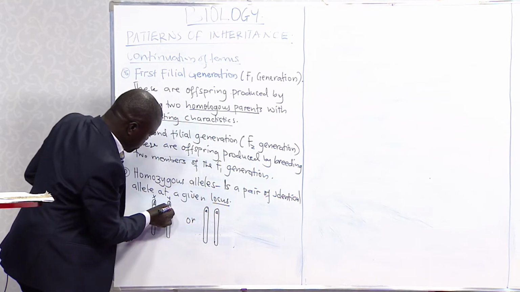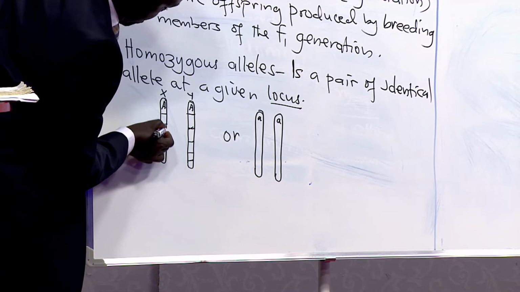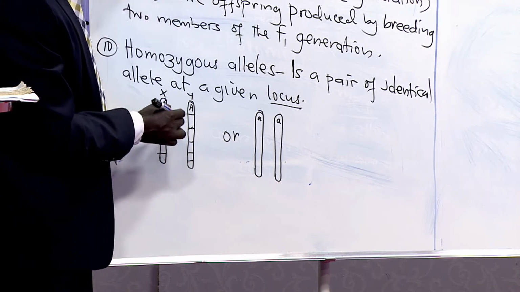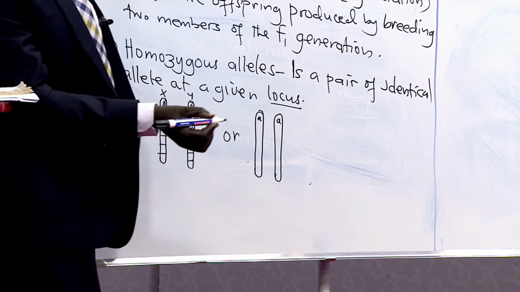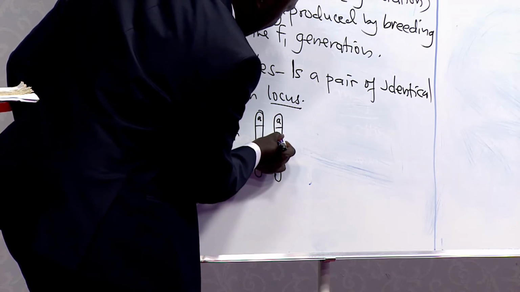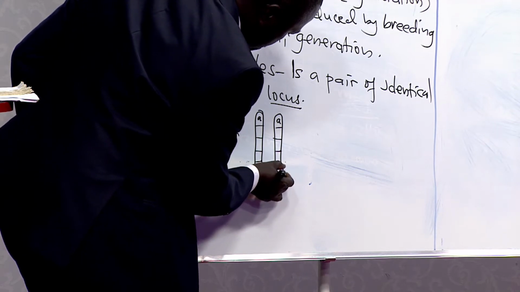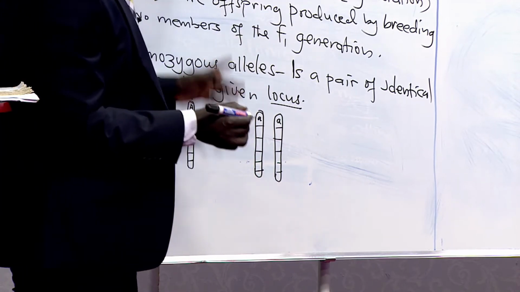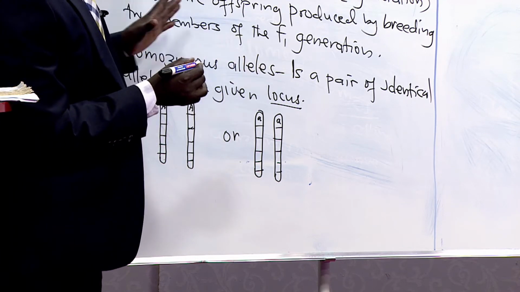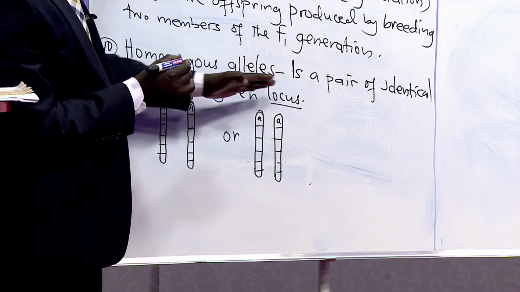All these positions are the different loci of genes, where genes are found. Genes are very many on a chromosome. Where a gene is located, that position is what is called a locus. So on a chromosome we have several loci. A homozygous allele is a pair of identical alleles at a given locus.